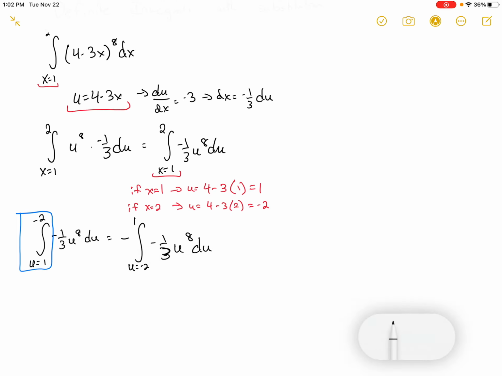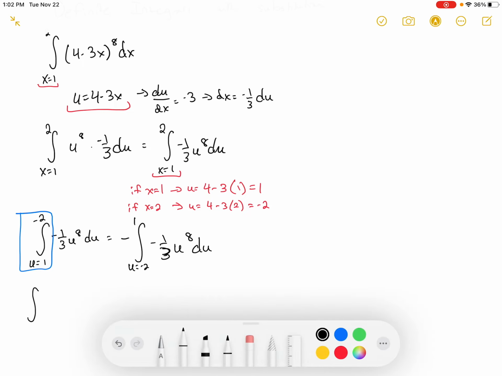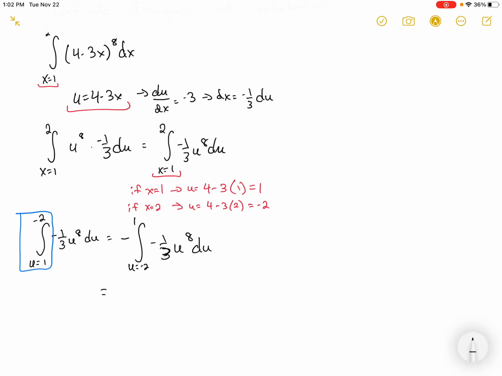So the negatives go away, and let's actually integrate this. This is going to be 1/27 u to the 9th, because these two negatives cancel, evaluated from u equals negative 2 to 1.